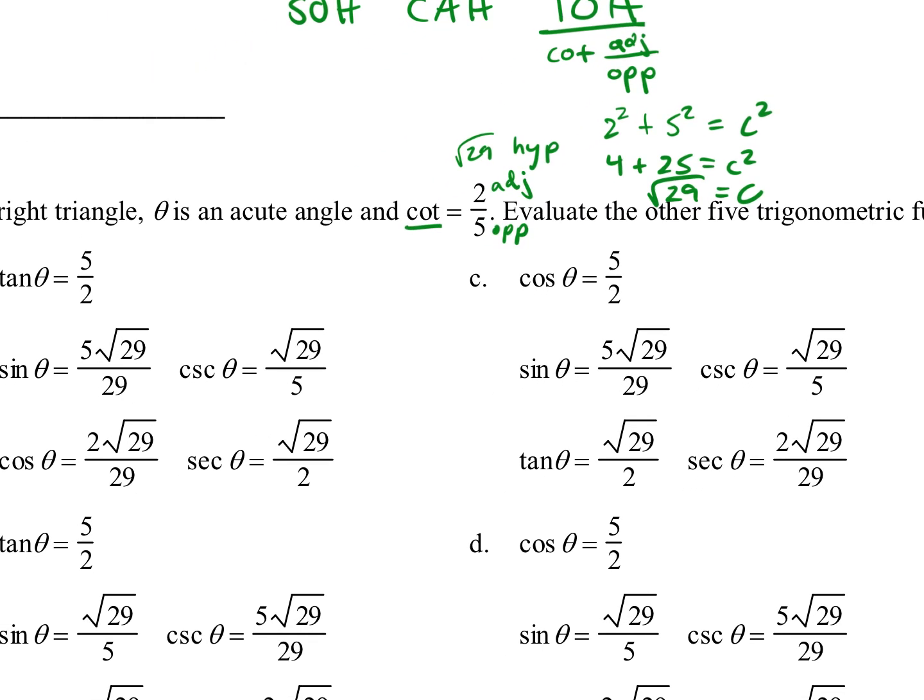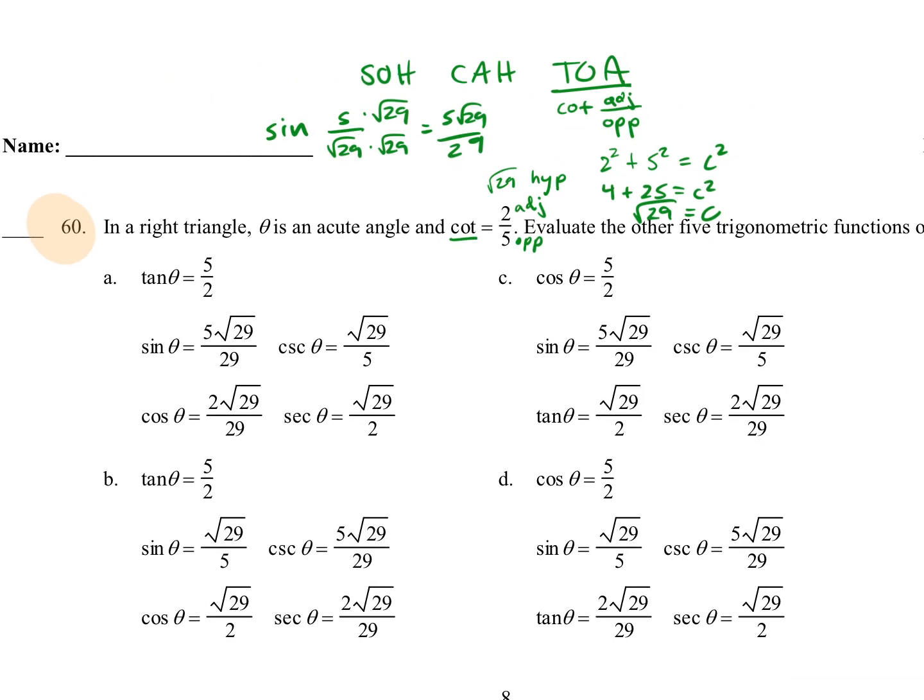So square root 29 is our hypotenuse. So let's find our trig functions. Sine is opposite over hypotenuse. So 5 over square root 29. All of our answer choices are rationalized, so we'd have to rationalize. Multiply the top and the bottom by square root 29. So we get 5 square root 29 over 29. So it's either C or A. Perfect.